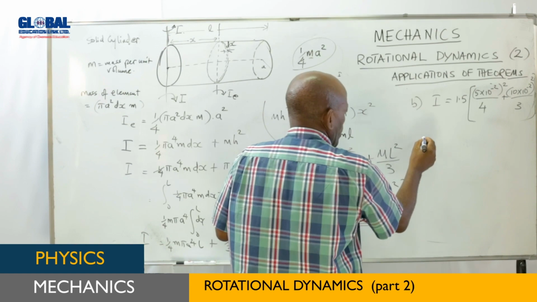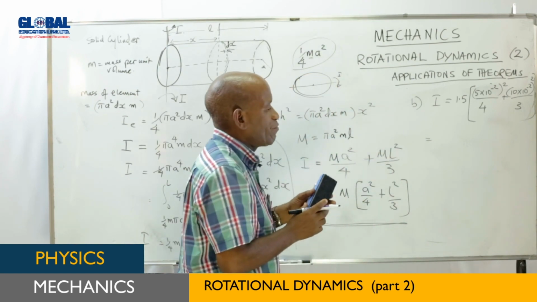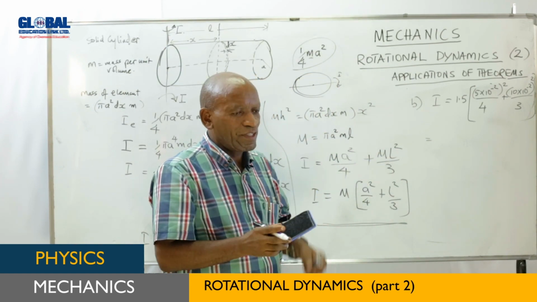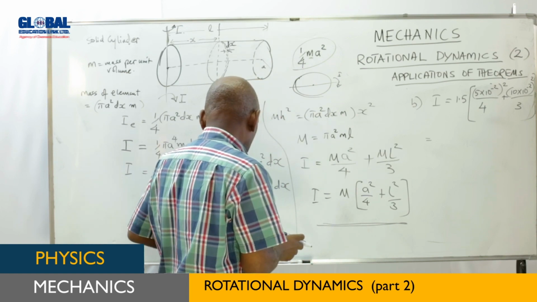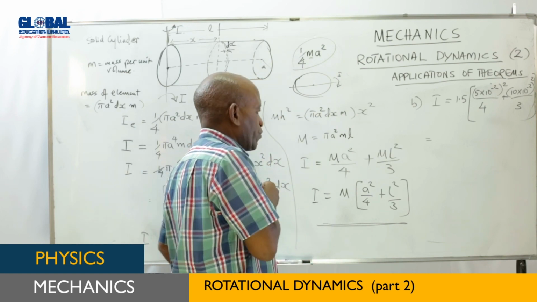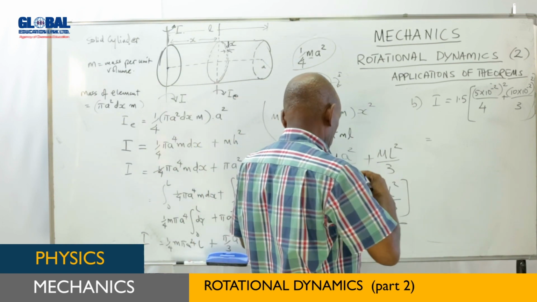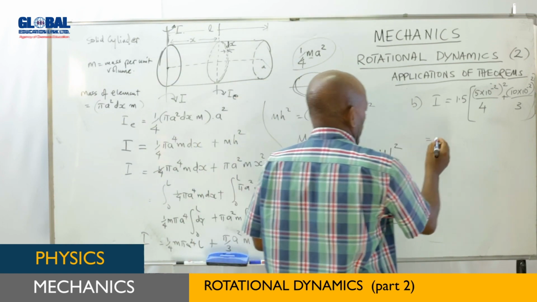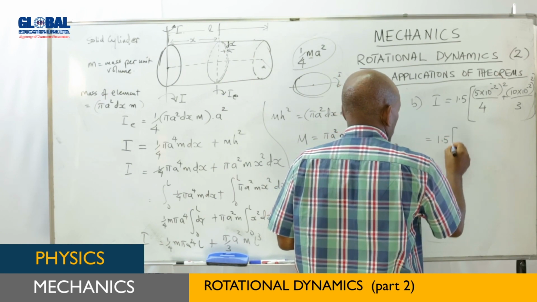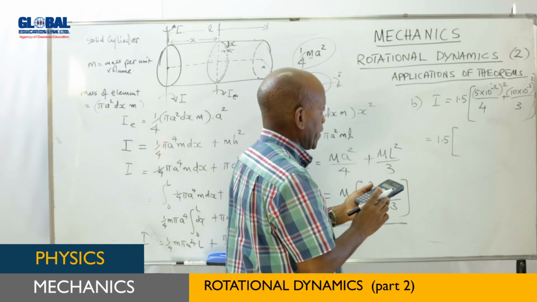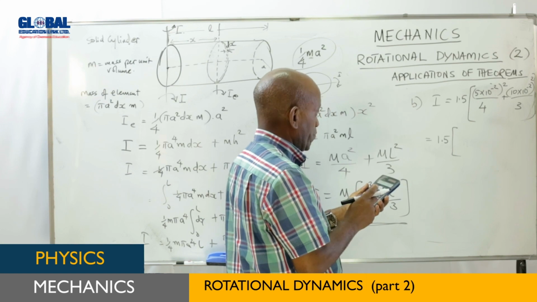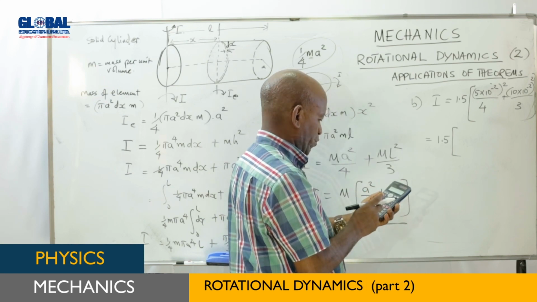So we can compute for that. And then from there, it's a matter of just using your calculator. So if we use the calculator, this will be equal to 1.5, and inside there we are taking 5 times 10 power negative 2.